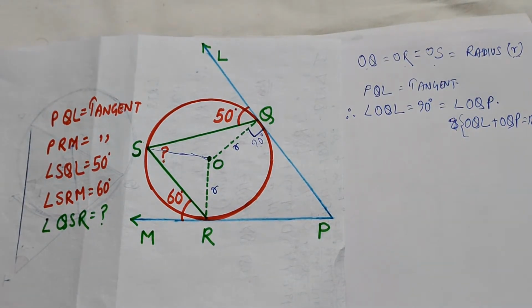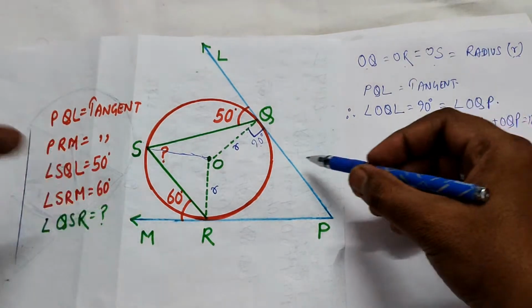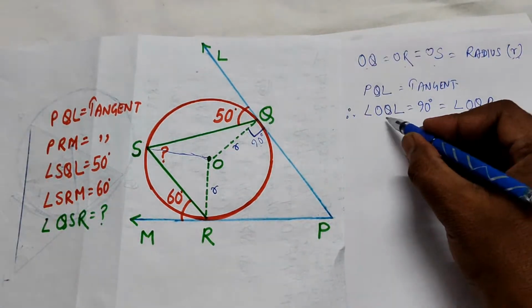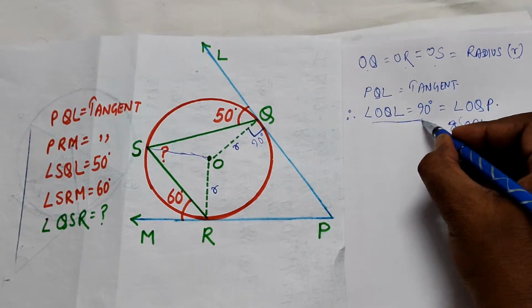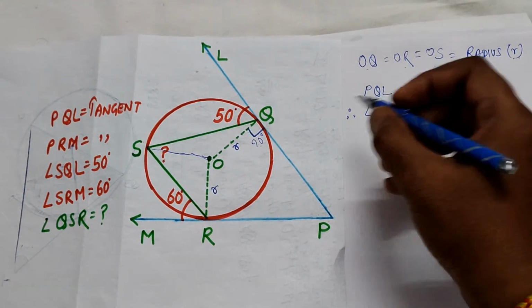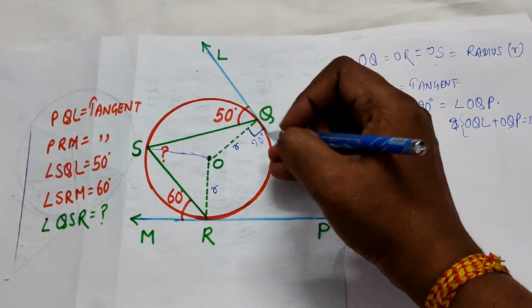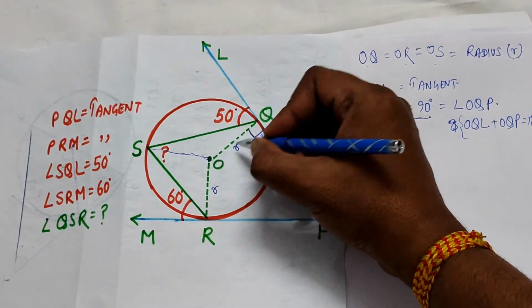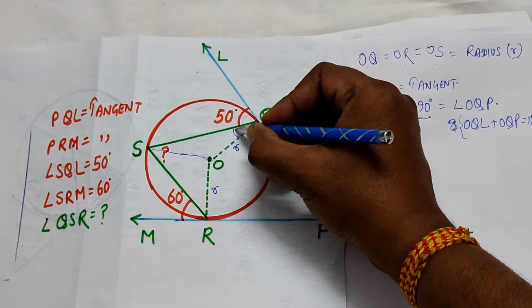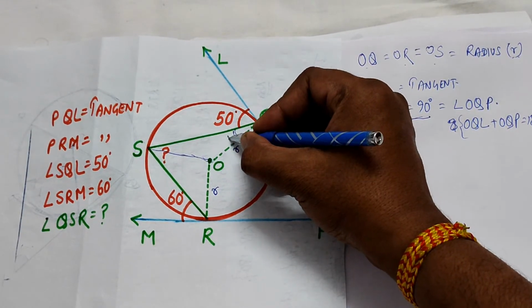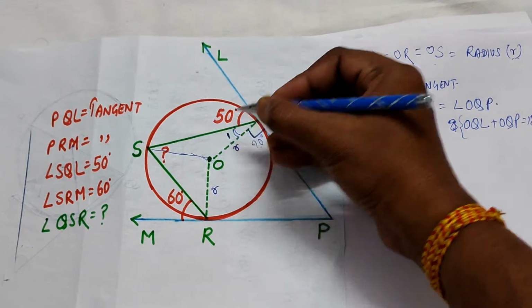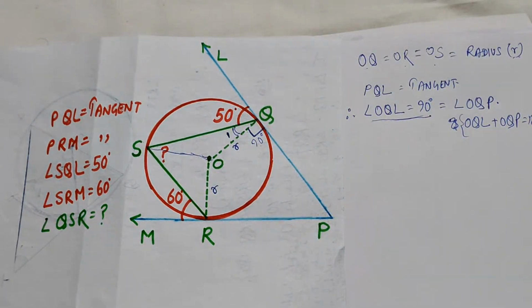Now, since angle OQL is 90 degrees, can we say that if this is 90 degrees and this angle is 50, then let's say the remaining angle, that is angle OQS, this one, as angle 1, right?